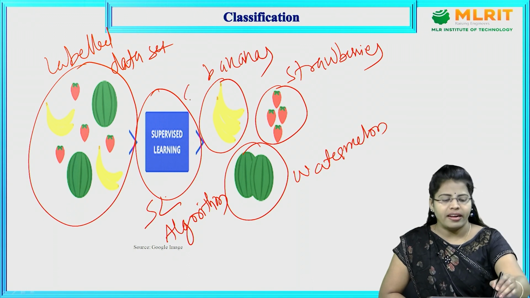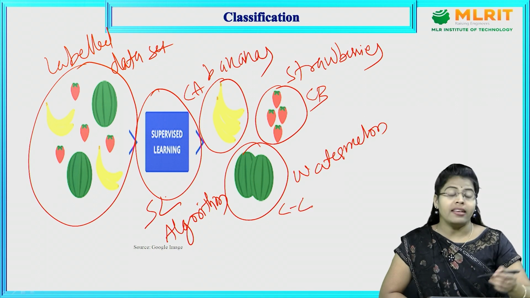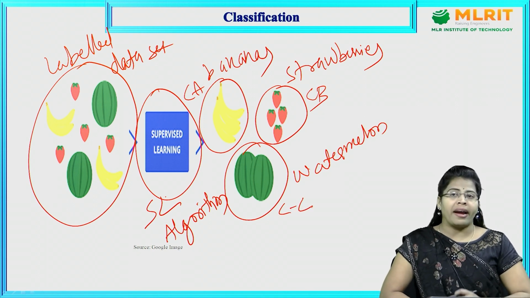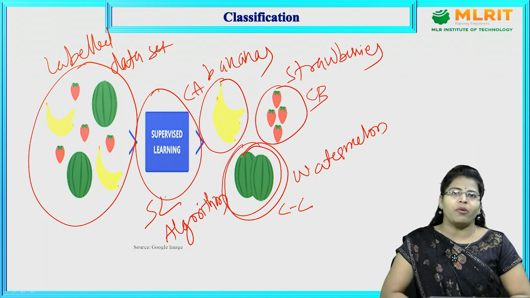That means it is like class A, class B, class C. It is going to divide different types of fruits, that is a labeled data set, and it is going to predict based on a particular type of fruit.